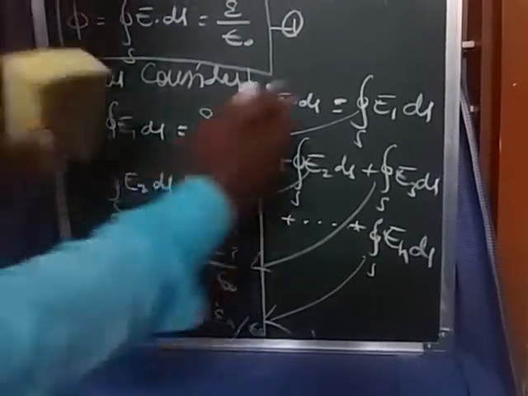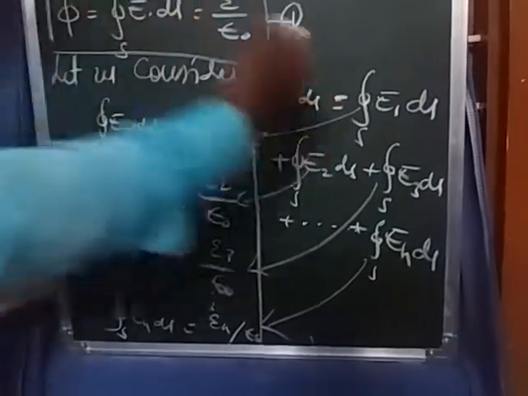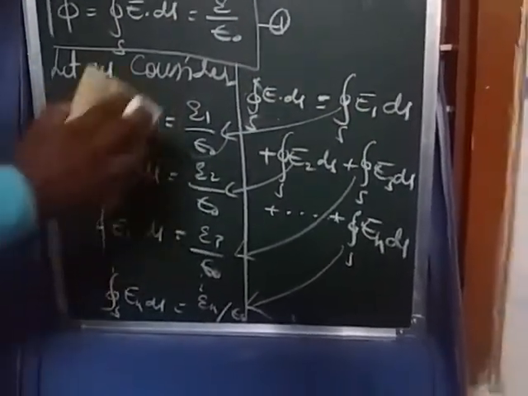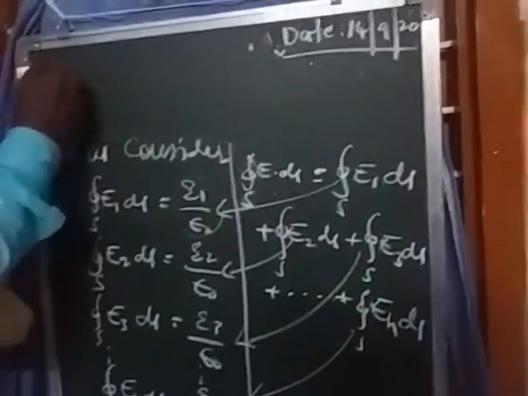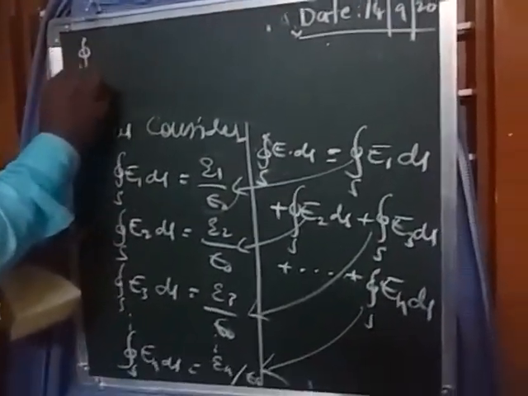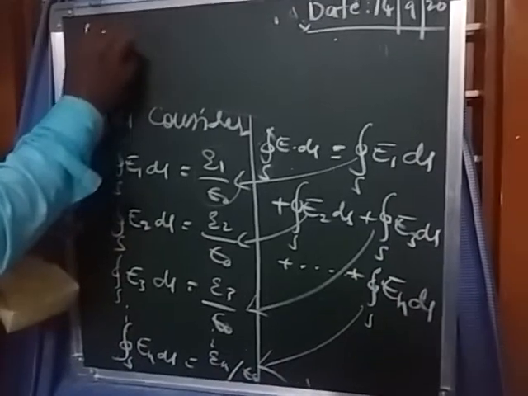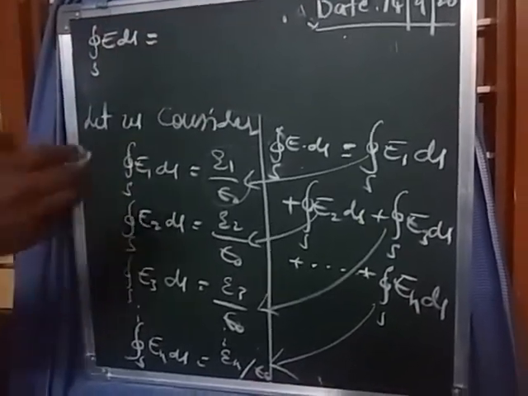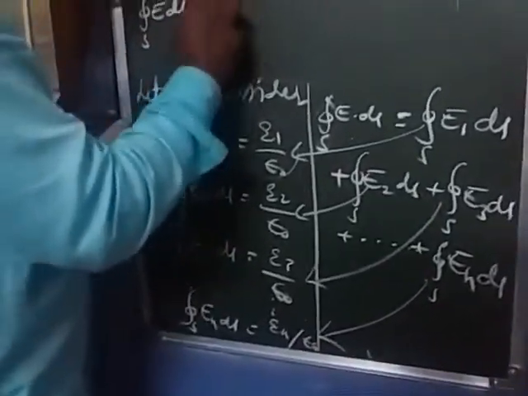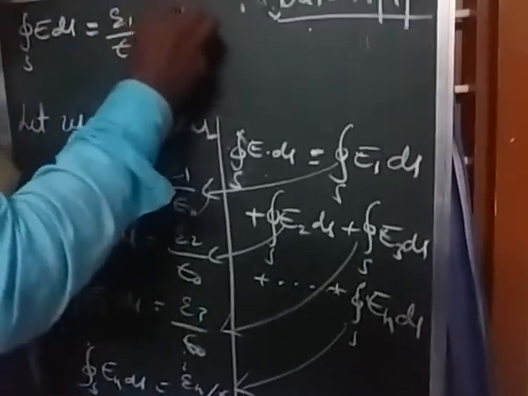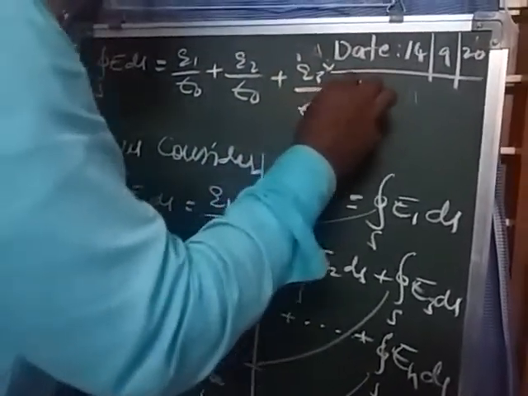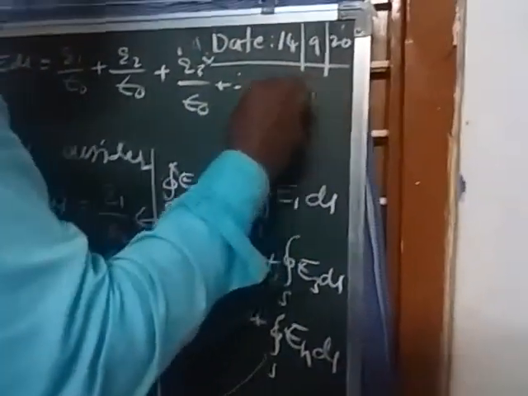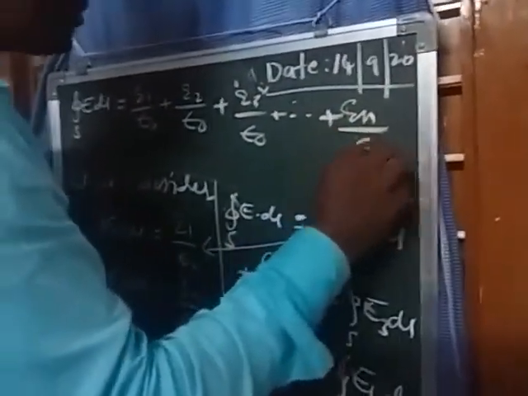Substituting these values, we get the surface integral over S of E dS equal to Q1 by epsilon naught plus Q2 by epsilon naught plus Q3 by epsilon naught, and so on up to Qn by epsilon naught.